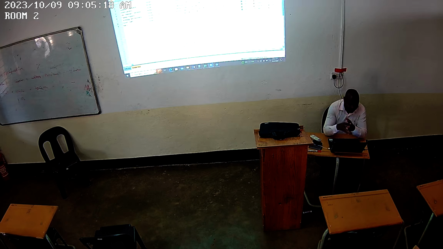So these measures include, number one, the mean, the median, and the mode. These three, the mean, the median, and the mode, they show the central position of the data set.